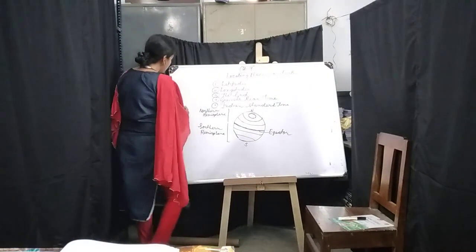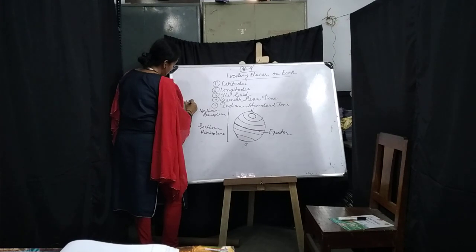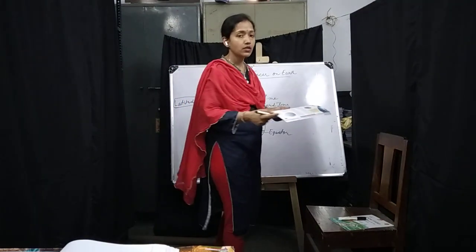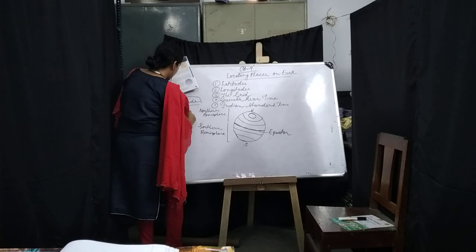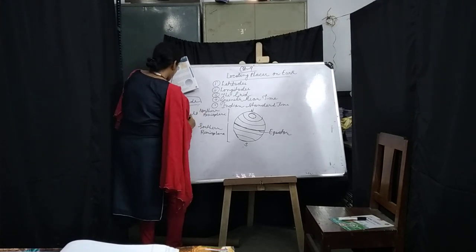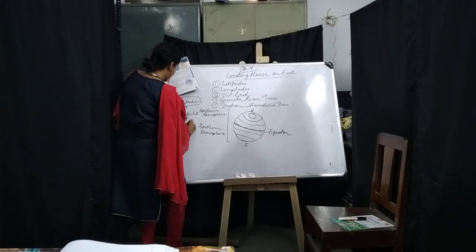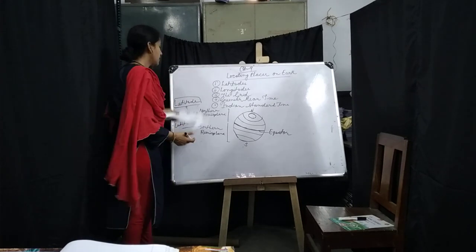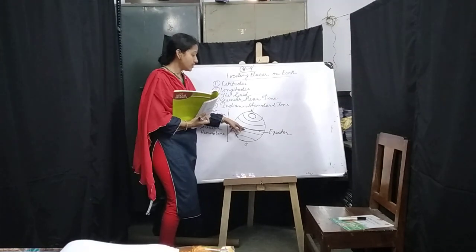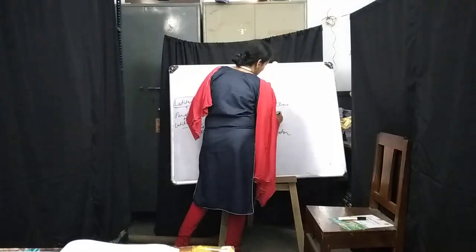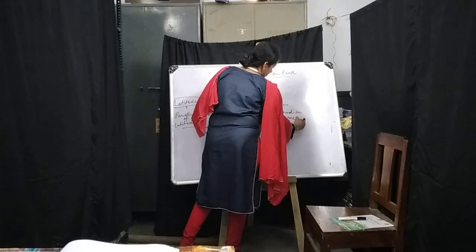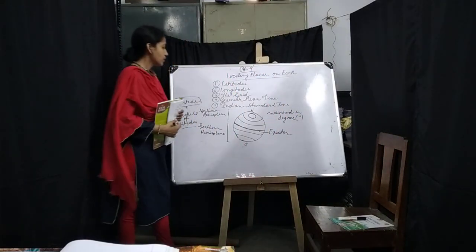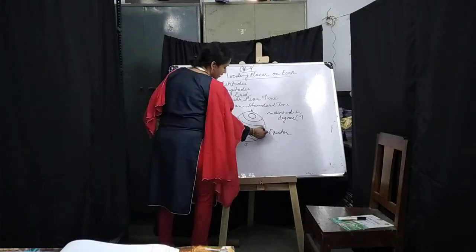So we know that the latitudes are parallel lines, which is why they are called parallels of latitude. How can we measure them? They are measured in degrees. At the equator, it is 0 degrees.